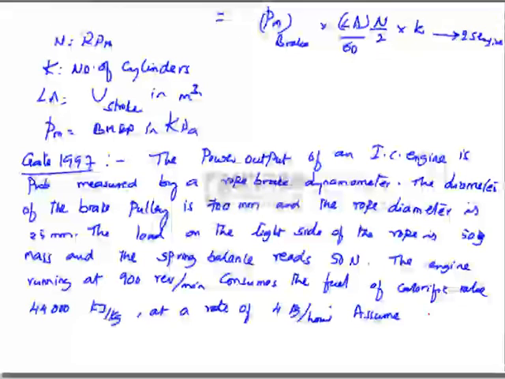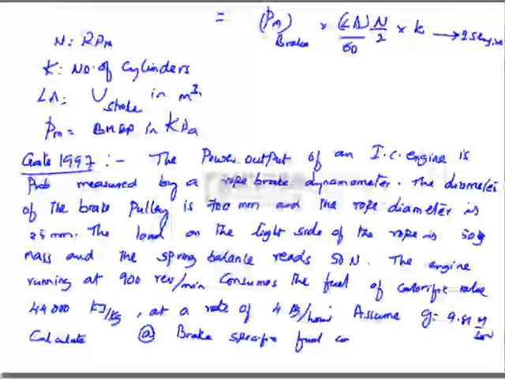Assume g is equal to 9.81 meters per second square. Then calculate A, brake specific fuel consumption, B, brake thermal efficiency.